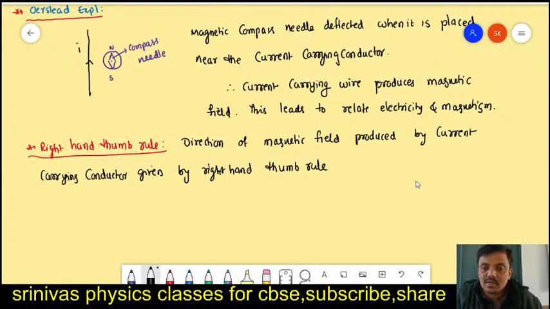The right hand thumb rule is that the current carrying wire is held in the right hand.